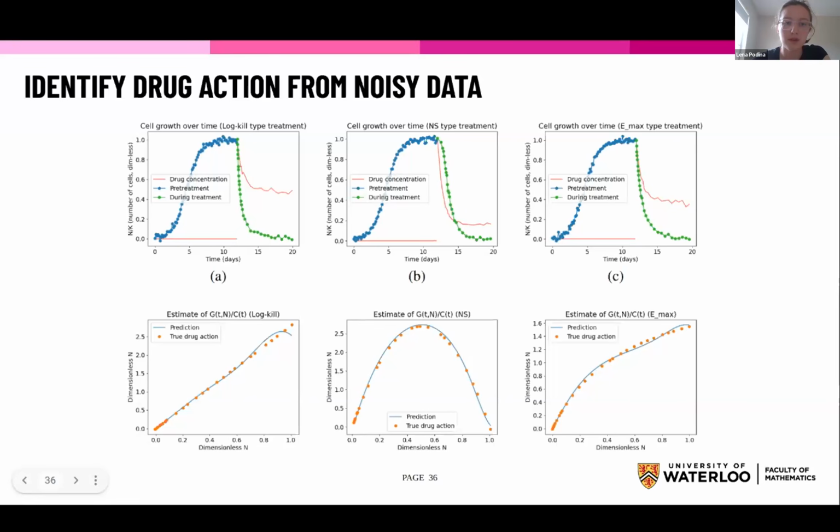So we did the same thing for noisy data. We just added some noise, and again the recovery is understandably a little bit worse, but we can still recover the drug action.